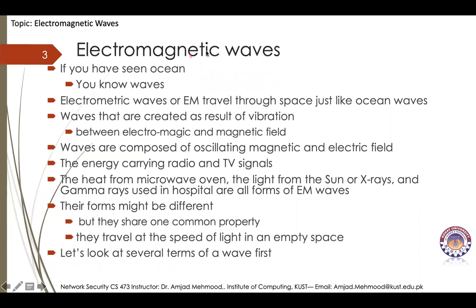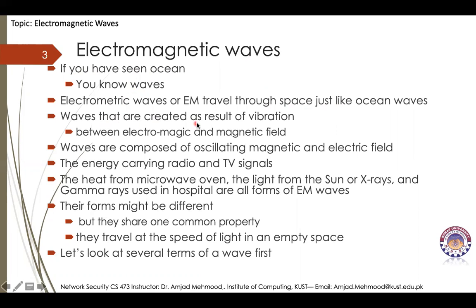So let's start with electromagnetic waves. As you know, this was our previous lecture. If you have seen the ocean, you know waves very well. Electromagnetic waves, or EM, travel through space just like ocean waves. So if you have seen ocean waves, you have seen waves practically.